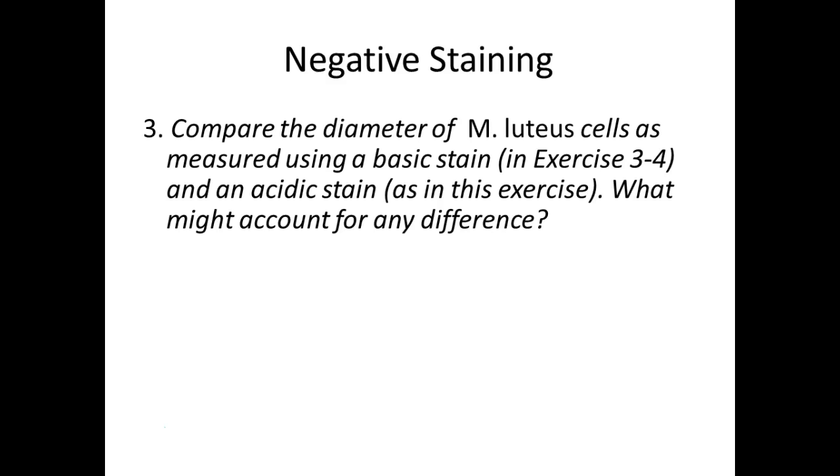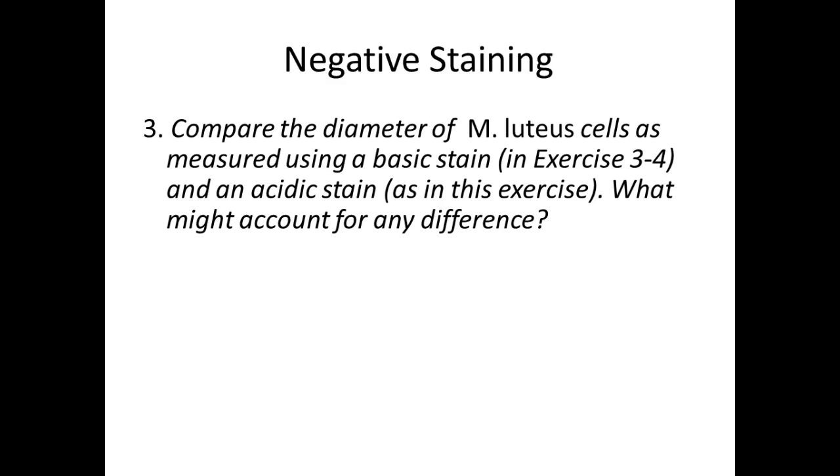So we're not going to measure, but there are differences in the different procedures that we do, right? So if you were to take a coccus and stain it doing the negative procedure and the basic staining procedure, the simple stain, they would appear to look different sizes, the exact same organism. And that has to do with how the procedures are. So there's a distinctive difference in these two procedures.